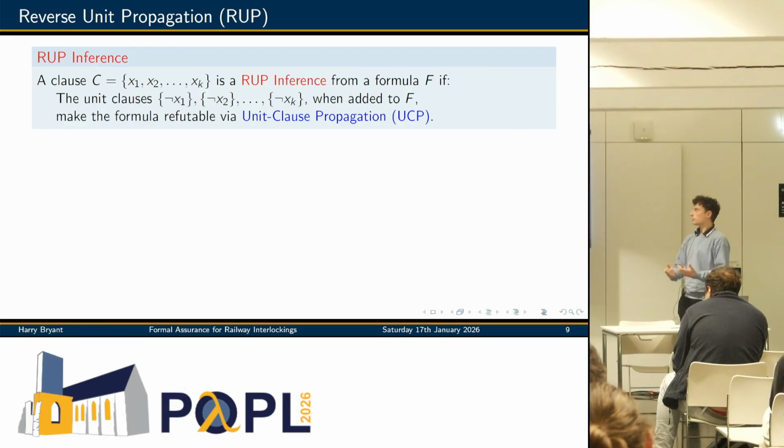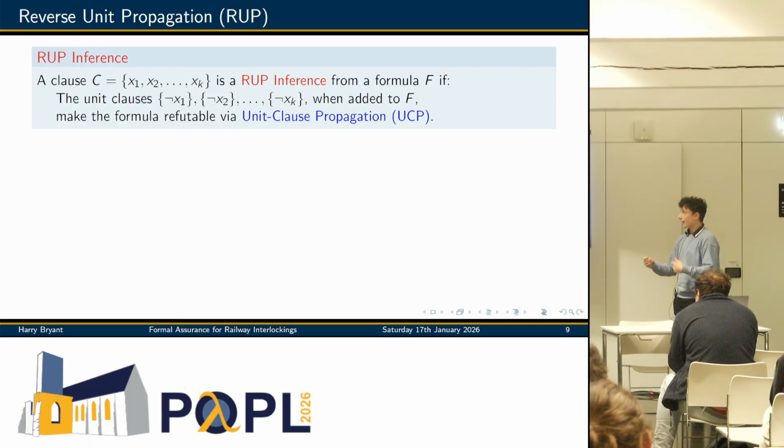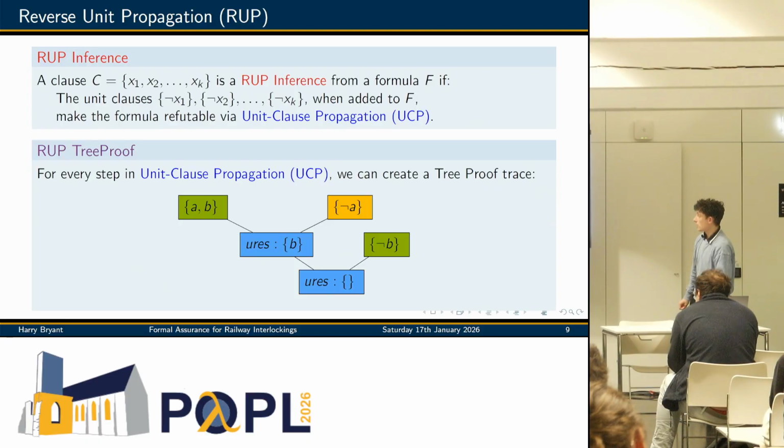So I said about RUP, well, this is the foundation of the whole proof format, so reverse unit propagation. We take a clause C, which is made up of some literals, and it's valid if you take every single one of those literals, negate them, add them back to the original formula, and by this unit clause propagation, it makes everything refutable. And for this, we've developed a proof structure to show this is correct.